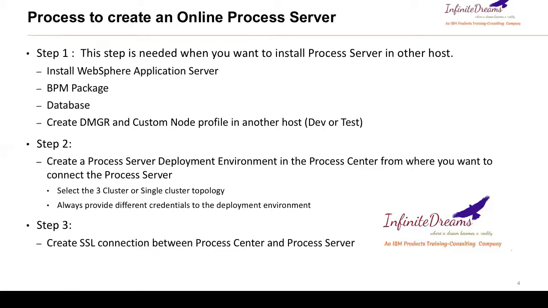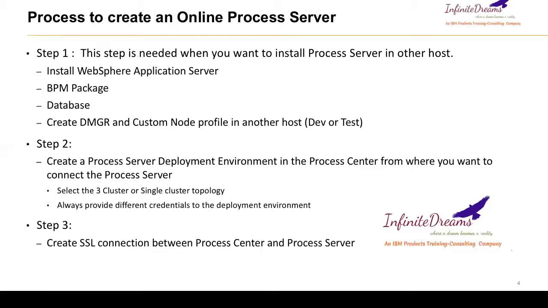When it got created, all 3 clusters were created automatically. When selecting the deployment environment, we had an option of whether to create a process center deployment environment or a process server deployment environment. At the time of the installation, we wanted the process center, so I selected the process center deployment environment.